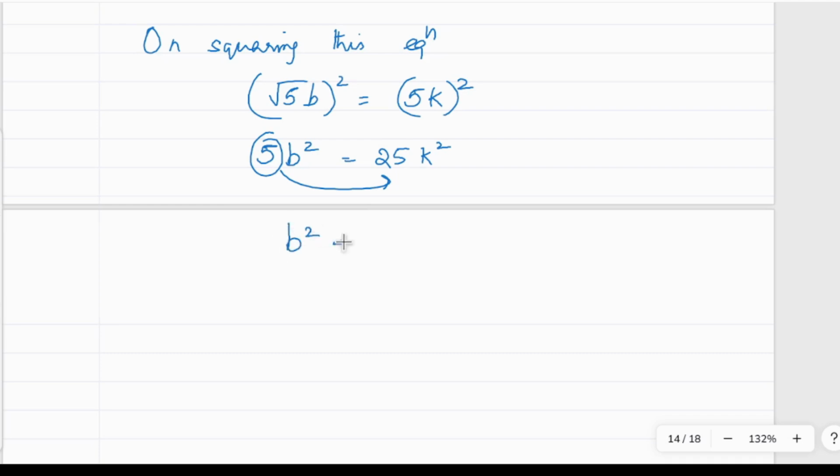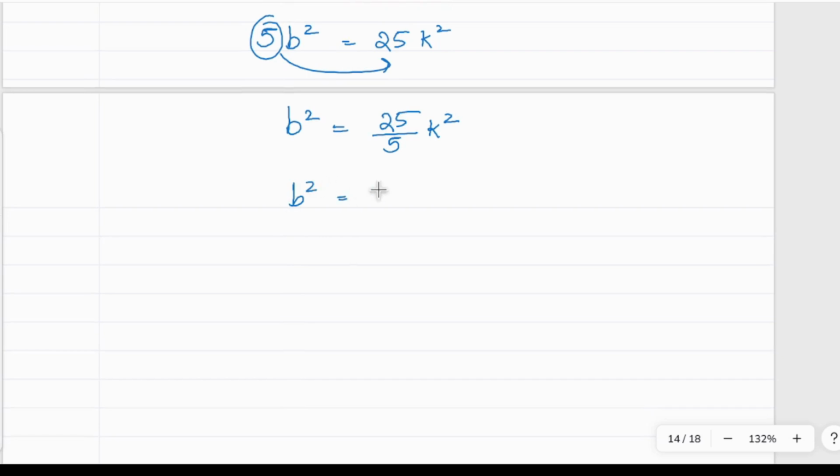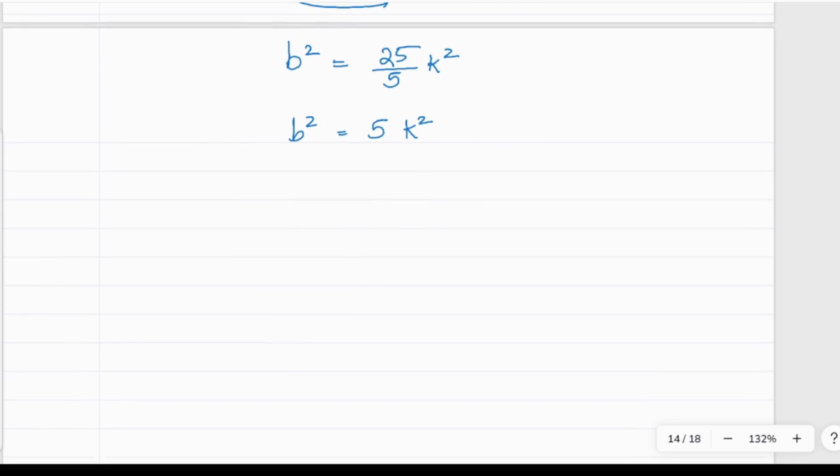So I can write 5 b square is equal to 25 k square. Dividing by 5, that is b square equal to 5k square. Correct? So from here again I can do one thing, right? This b square is divisible by 5.